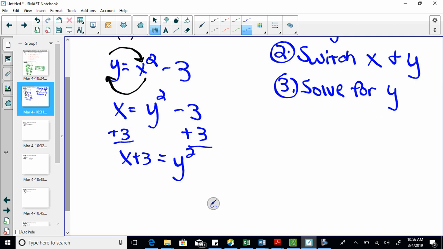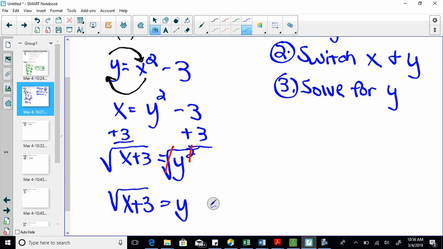I want to get y all by itself, so I want to get rid of that square. And how we get rid of squares is I square root both sides. So when you square root both sides, the square and the square root cancel each other out. So my answer is the square root of x plus 3 is equal to y.